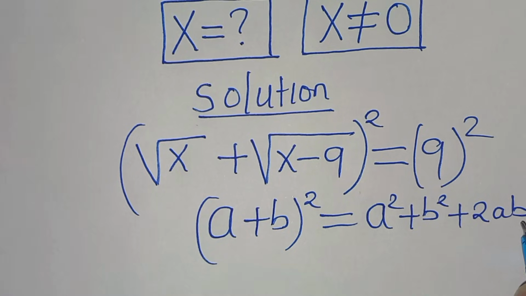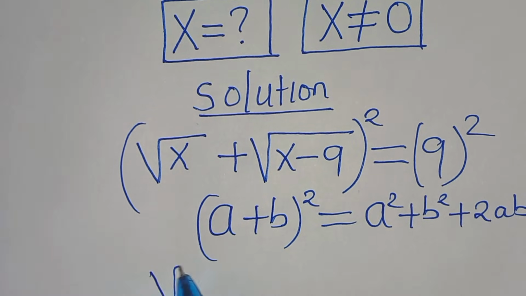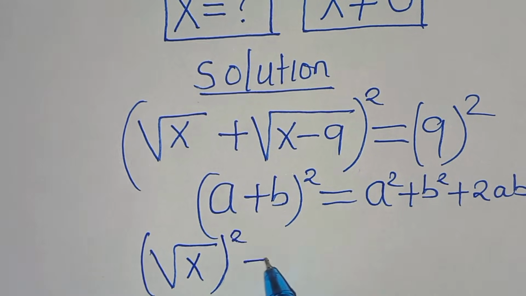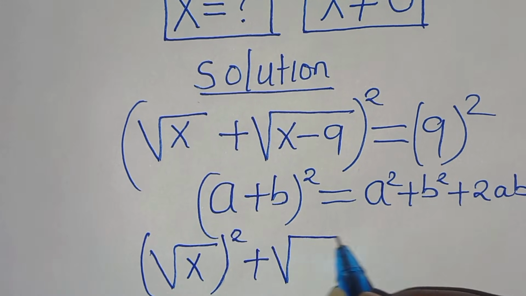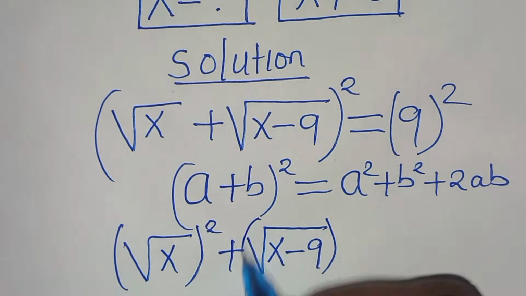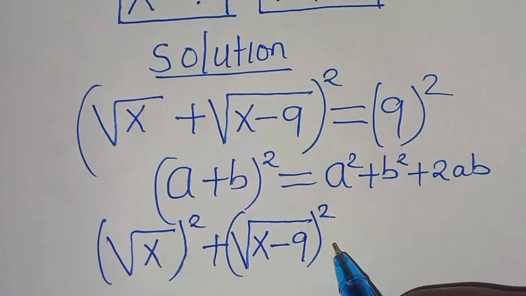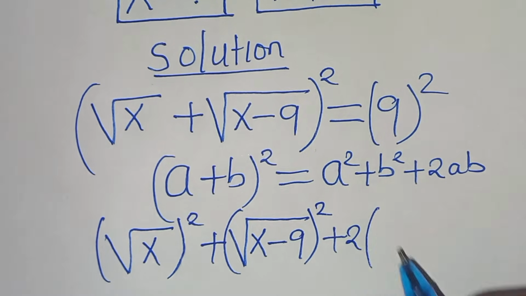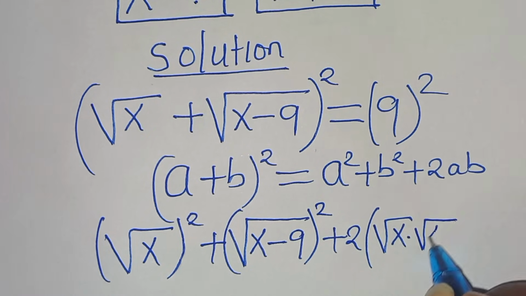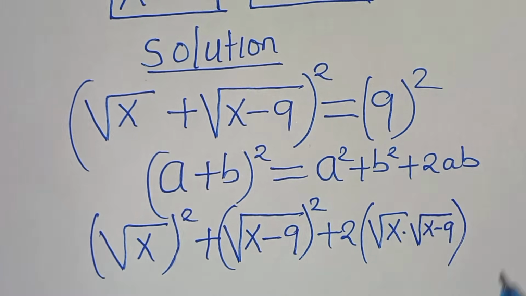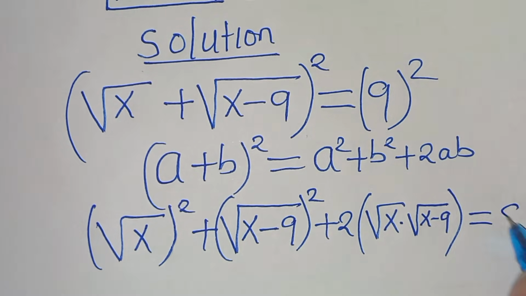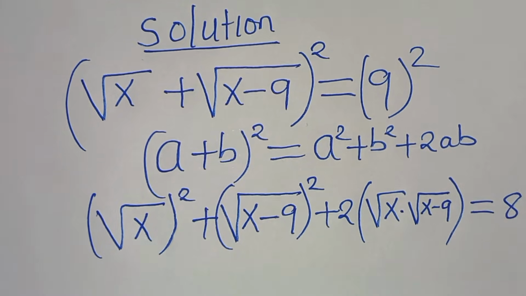Applying this algebraic identity, we have the square root of x raised to the power of 2, plus the square root of x minus 9 raised to the power of 2, plus 2 multiplying the square root of x by the square root of x minus 9, close the parentheses. This is equal to 9 squared, which is 81.